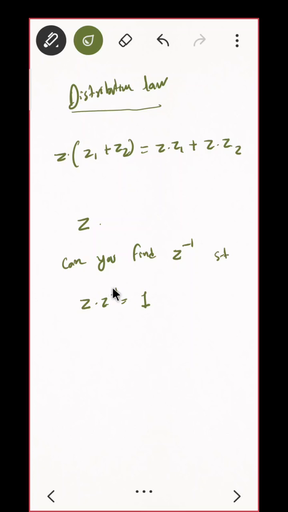Correct. One is true that maybe I should go a little bit earlier. What is the identity element of addition? That is additive identity. What is additive identity? If you know the real number system, how is this defined? That is z plus something must give me z. So what is that something that will work here? 0 will work, correct? See, 0 is not just 0 here. 0 is 0 plus 0 i. I hope you understand.